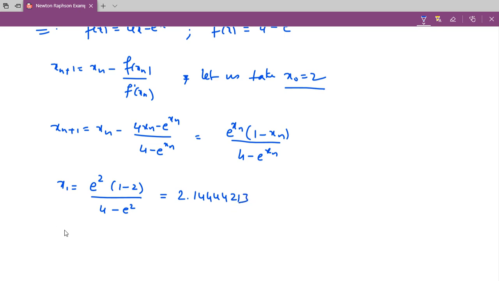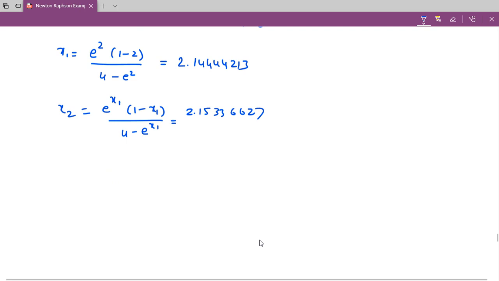So we get 2.1444213. When you go for x2, that is e power x1 into 1 minus x1 divided by 4 minus e power x1. This gives 2.15336627. Next we go for one more iteration, because the convergence has not occurred yet.